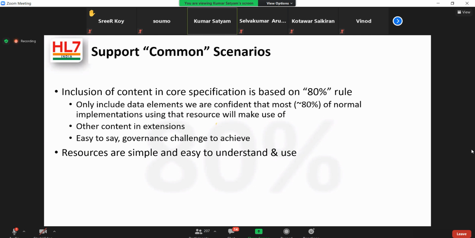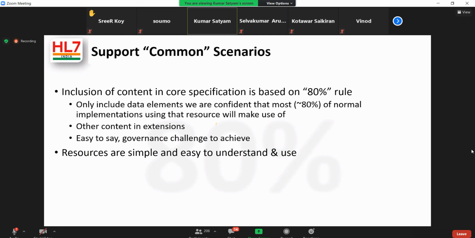For everything else, HL7 and the FHIR org understand that the base FHIR may not be very useful. So it has inbuilt mechanisms to help you add more attributes through extensions.